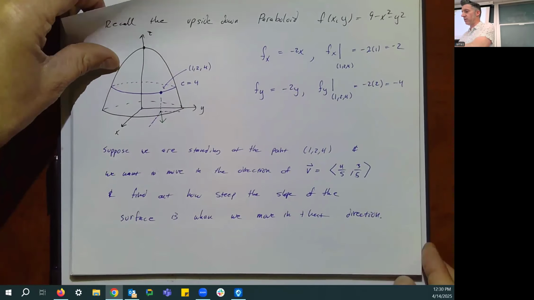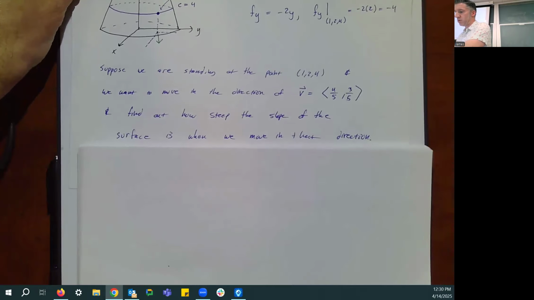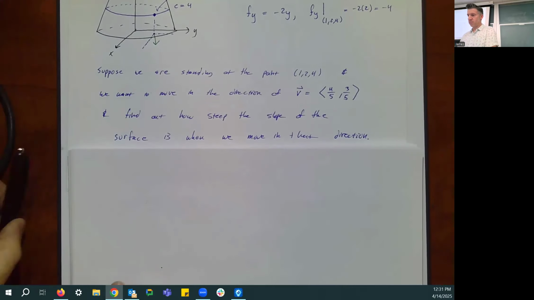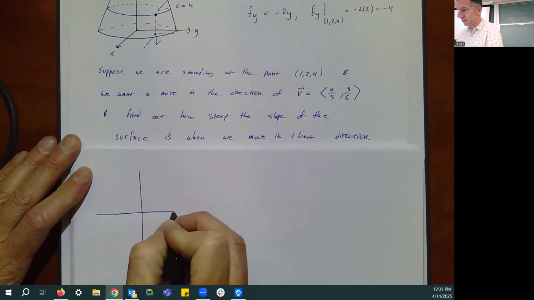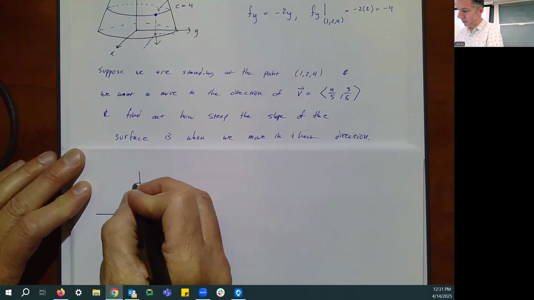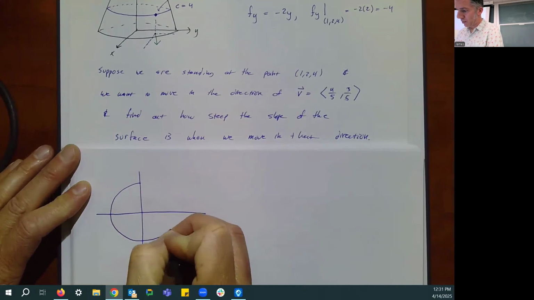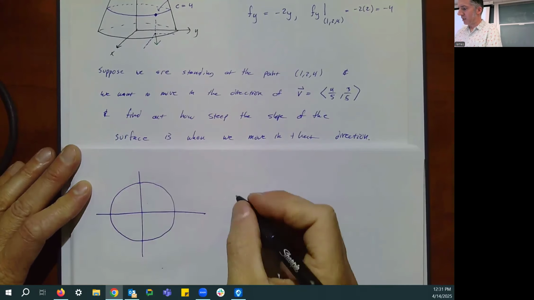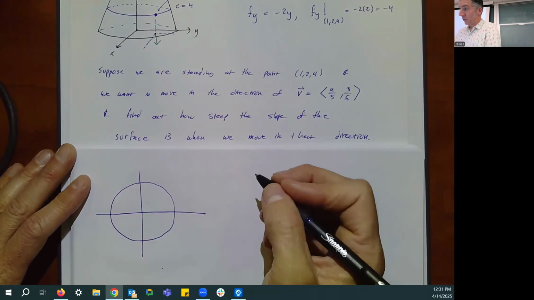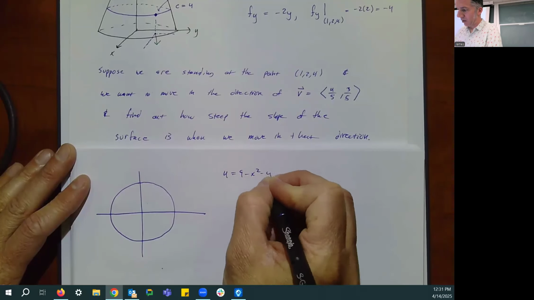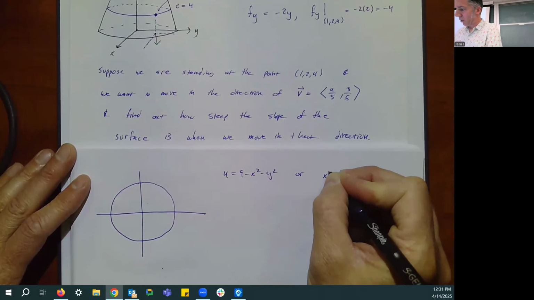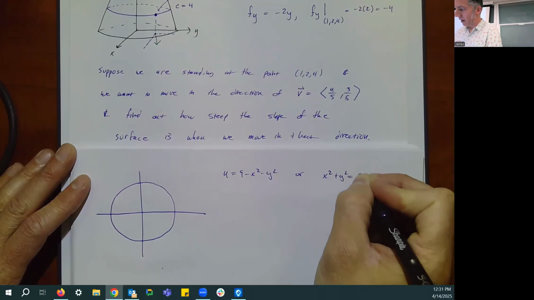So in two dimensions, here's how things are going to look. Here's our level curve. This is when c is equal to 4, so 4 is equal to 9 minus x squared minus y squared, or in other words, x squared plus y squared is equal to 5.